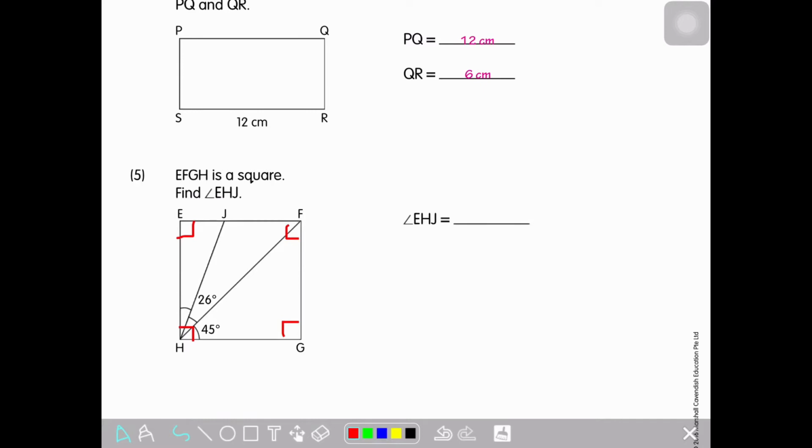So before we can find EHJ, which is in blue, we need to find angle JHG. Angle JHG is made up of 26 degrees and 45 degrees.